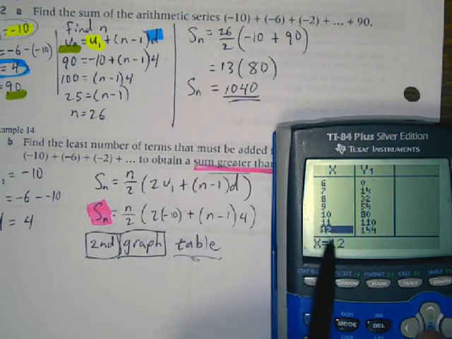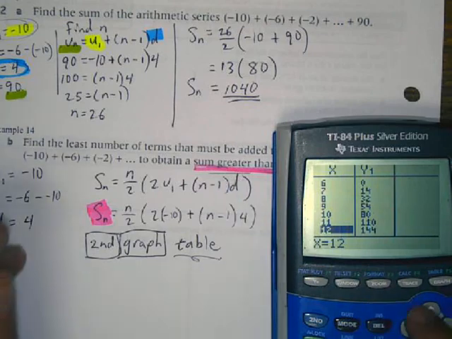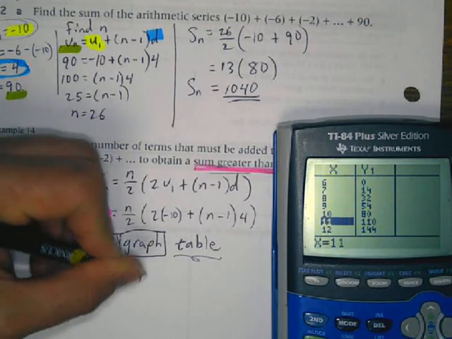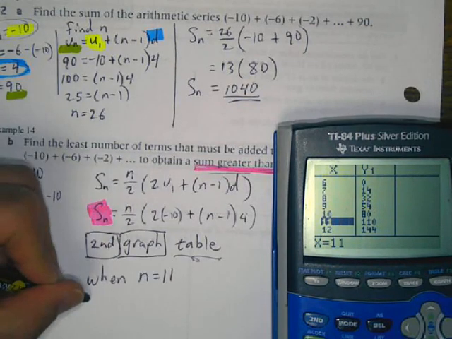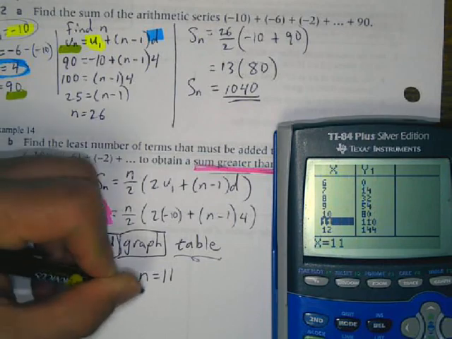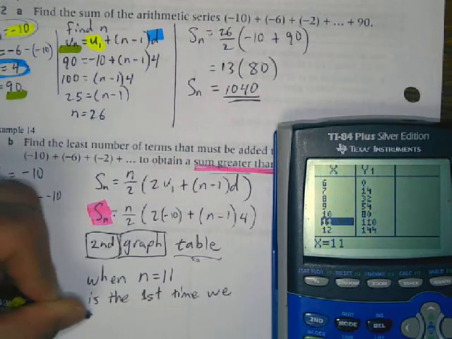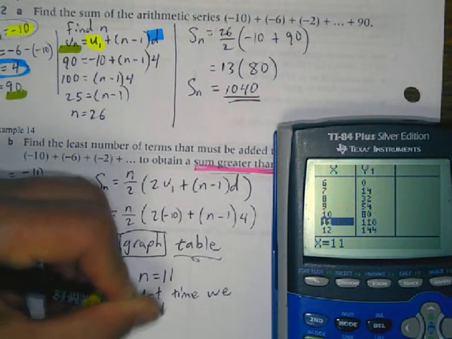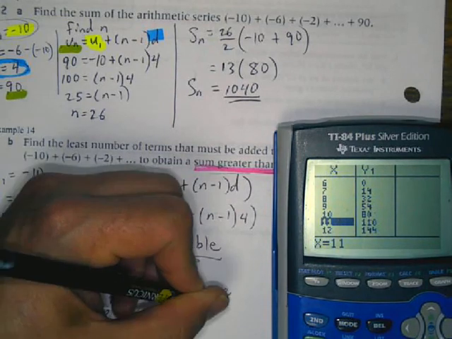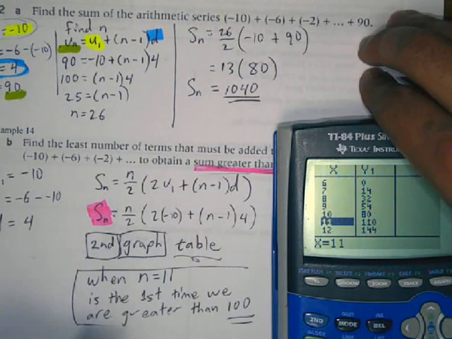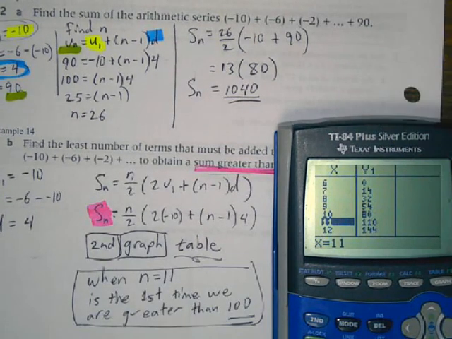The first time we're greater than 100 is when n equals 11. Okay, much easier way than what we did in second and fourth period today. Okay.